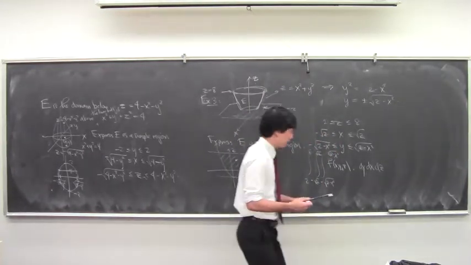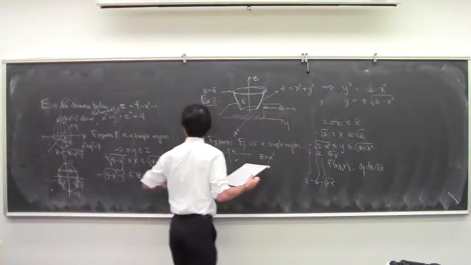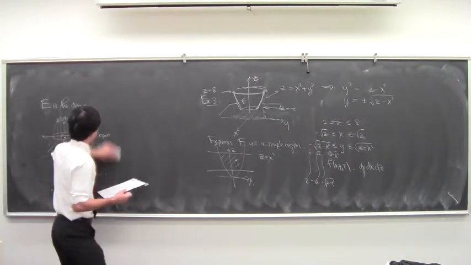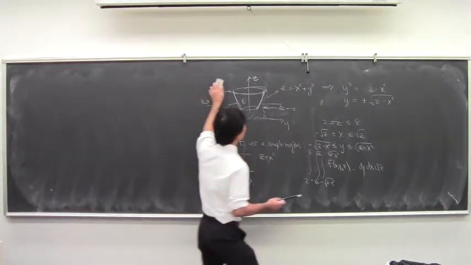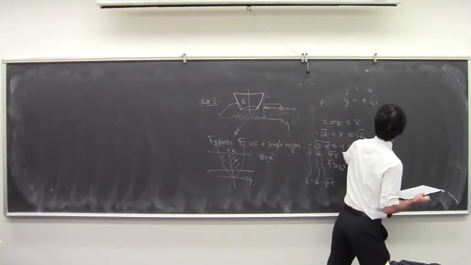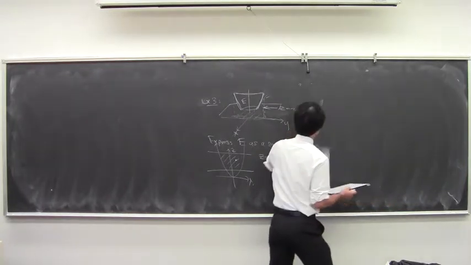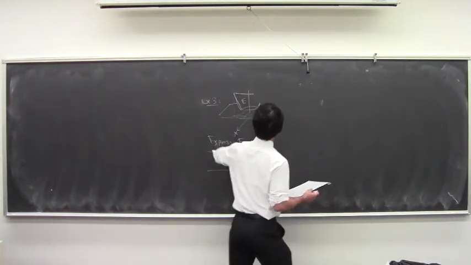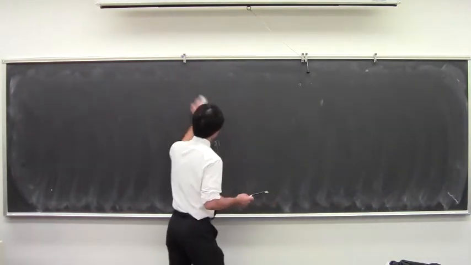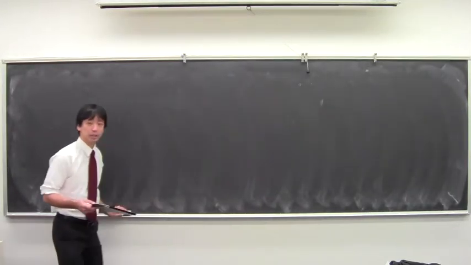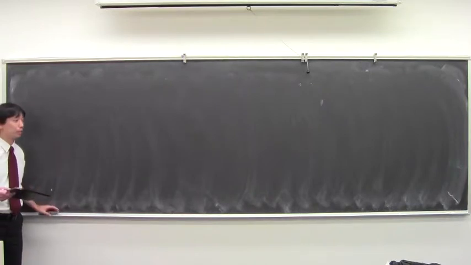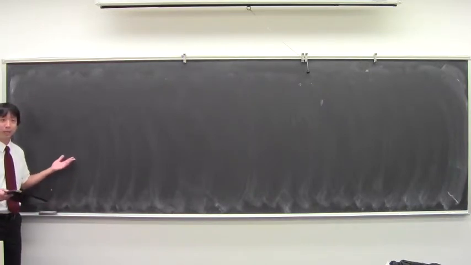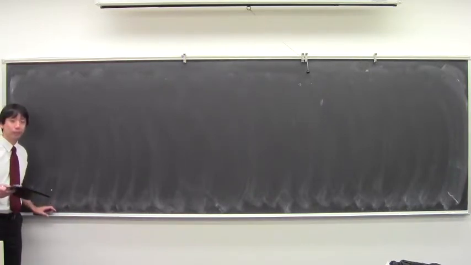Okay, let's go on. Just like what we did for double integrals, we can do changes of coordinates, change of variables to simplify triple integrals, just as we use polar coordinates to simplify double integrals. We can use some sort of an analog of polar coordinates for triple integrals.